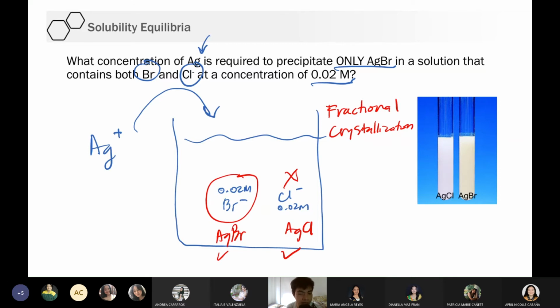If you don't want to precipitate the salt, wag mo abutin yung threshold, no? Your concentration must be less than that threshold. So since sabi natin dito, ayaw natin ma-form yung AgCl, that means the concentration of Ag must be less than the threshold for AgCl. Okay? So ganun yung gagawin natin.